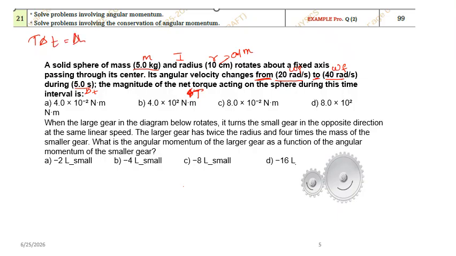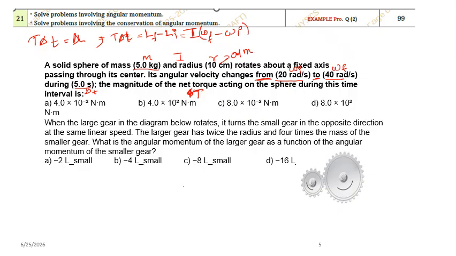What is delta L? Torque into delta t will be equal to L final minus L initial. So how do I calculate L final and L initial? It will be I into omega final minus omega initial, taking I common.